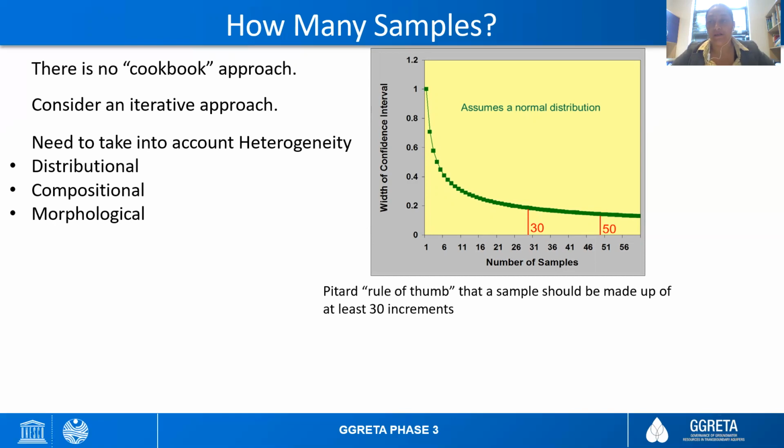Remember, in the previous presentation, we talked about the geology that can be variable. We talked about the hydrology, the geochemistry. All of those variables need to be taken into account when you are deciding on your number of samples.